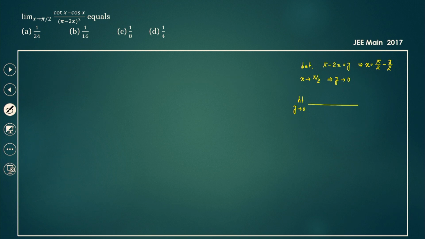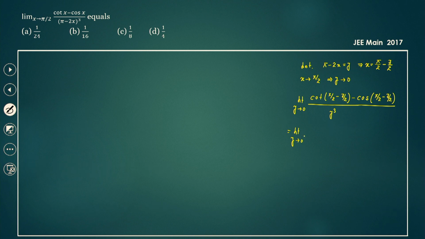We have pi minus 2x, which we consider as y, so y cube, and cot x, where x is equal to pi by 2 minus y by 2, minus cos x. So cos x is equal to cos of pi by 2 minus y by 2. Now as it is pi by 2, we can easily apply the complementary angle concept.